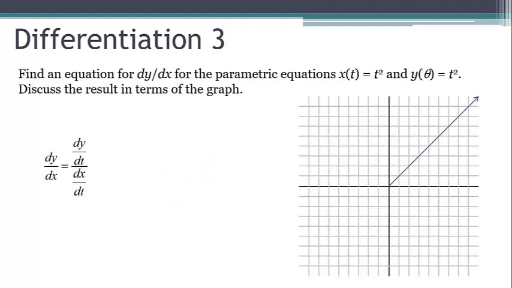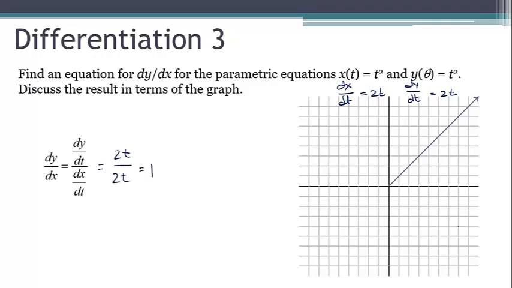All right, so finding the formula here is a straightforward application of our formula. dx/dt is 2t, and dy/dt is 2t. So that makes our derivative equal to 1.